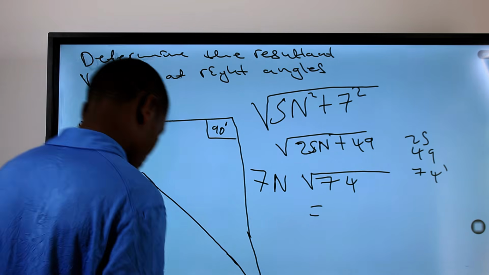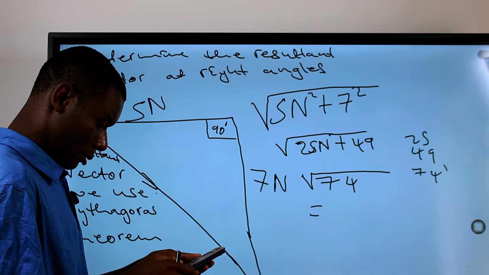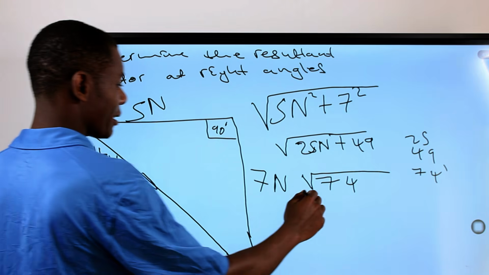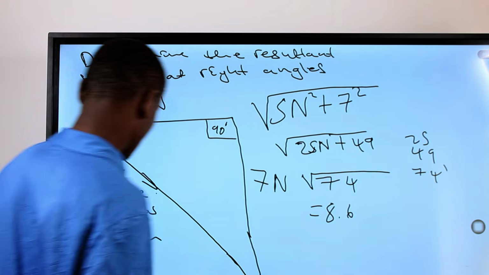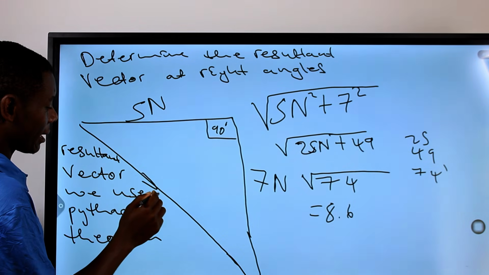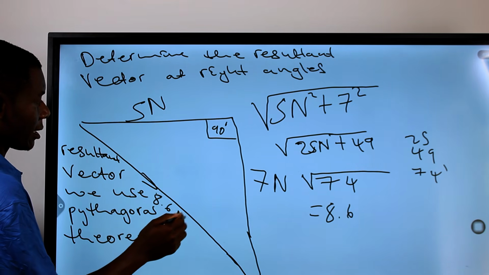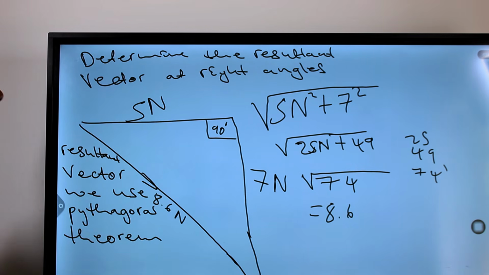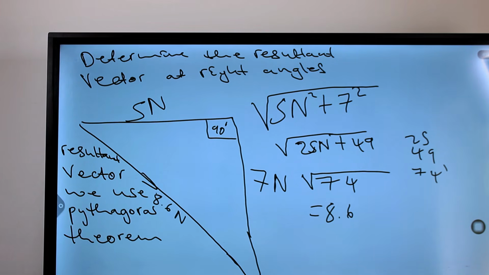Let's punch it into our calculator. Square root of 74 is 8.6. So our resultant vector is 8.6 newton. So this is how we determine the resultant vector at right angles.